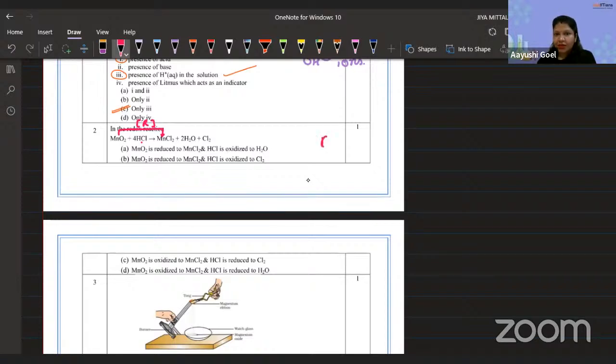So from chlorine, Cl minus 1 is oxidizing to Cl2, and MnO2 is reduced to give you MnCl2. So the correct option will be B. Write the answer the same way: second, answer B. Is that clear?